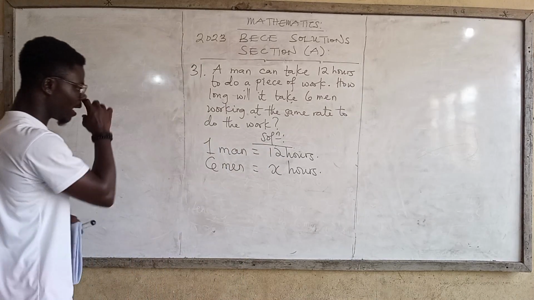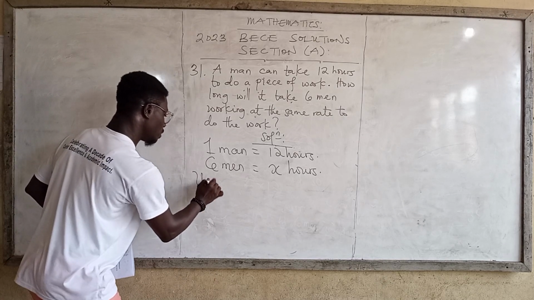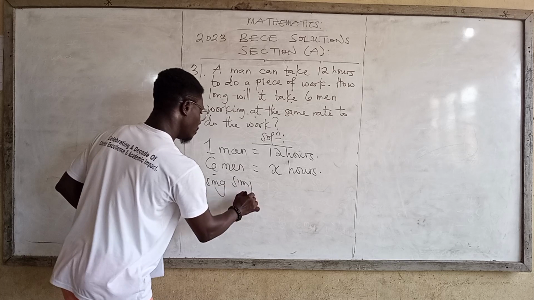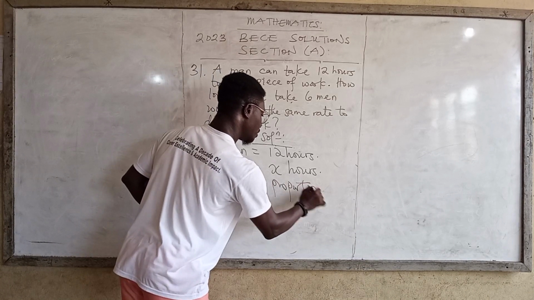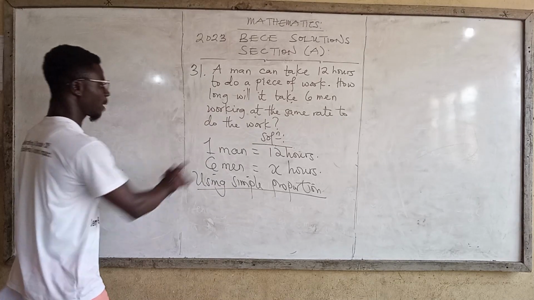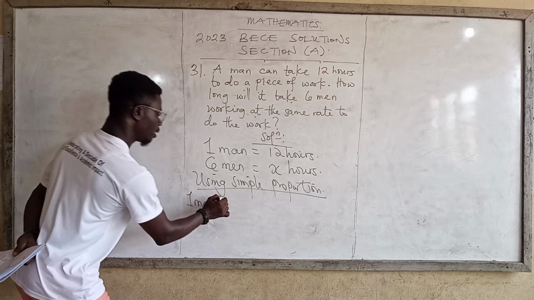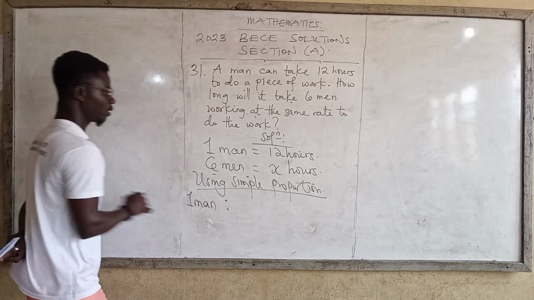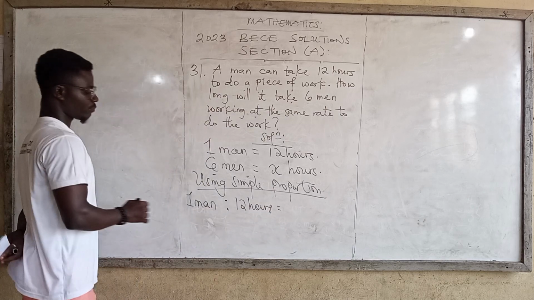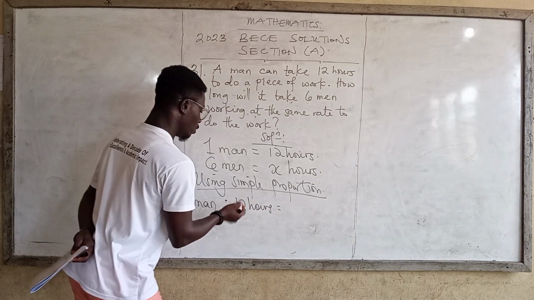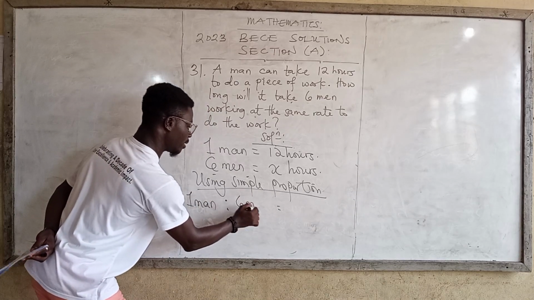So now let's see how best we can solve it. I'm using simple proportion here. So I have one man is to 6 men.